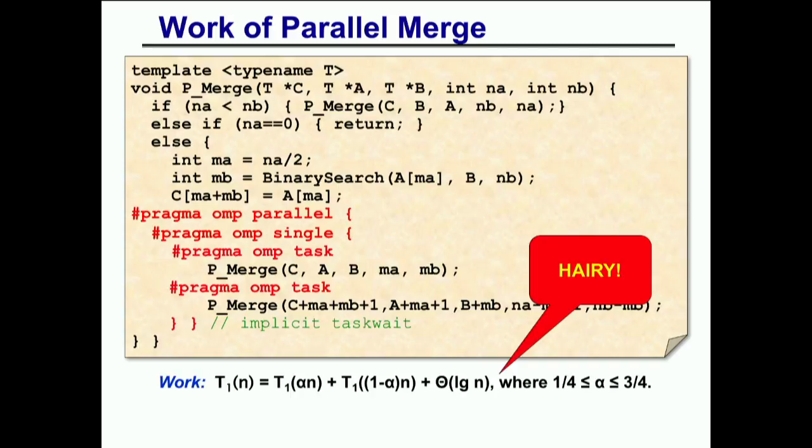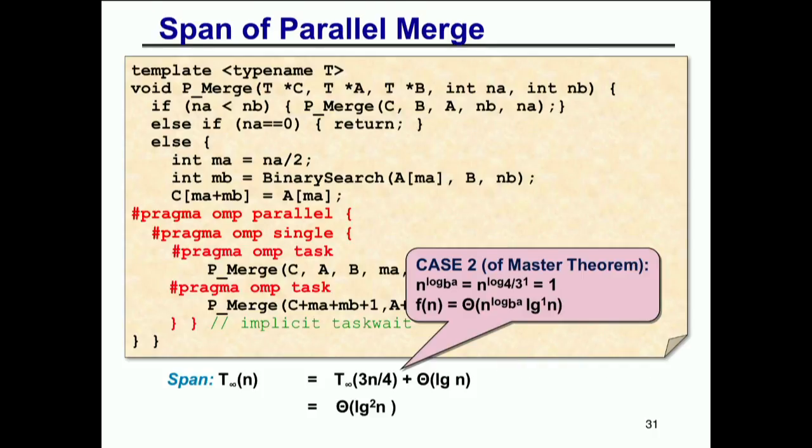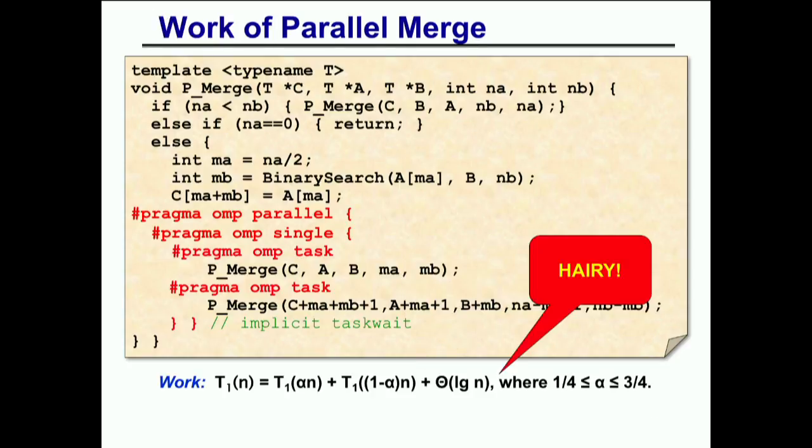So the work is tricky, because what's happening is, as you pointed out, the span is only one-sided, but the work is two-sided. Span meaning that if I have lots of processors, infinite processors, the cost is the maximum of them, and that's 3/4.